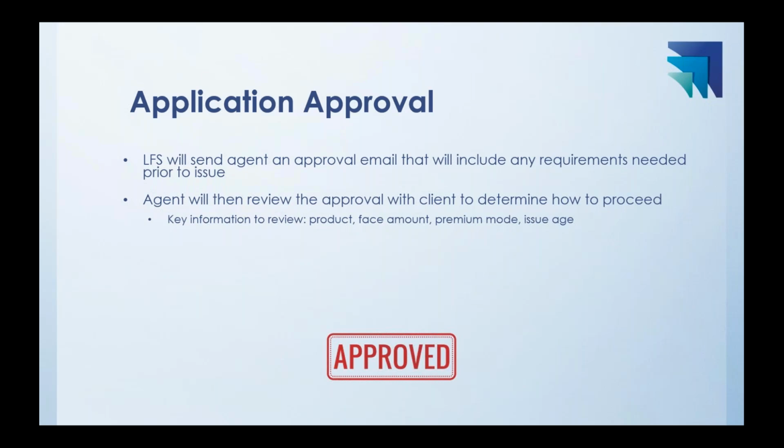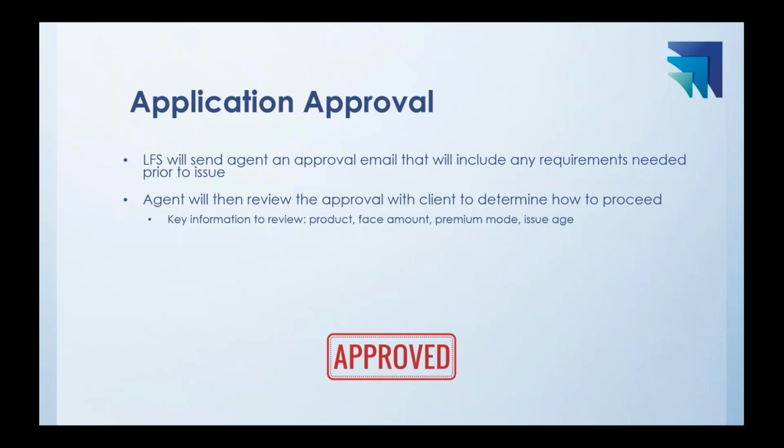And then we really encourage you to take that approval, talk to your client, let them know not only what their underwriting class was determined to be, but also definitely let them know how that's going to affect their premium. What I mean by that is, say you applied preferred for your client, and they came in at standard.